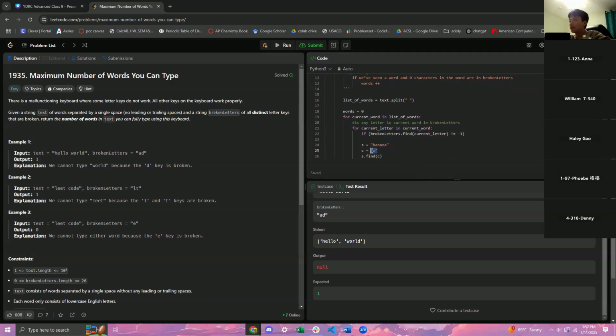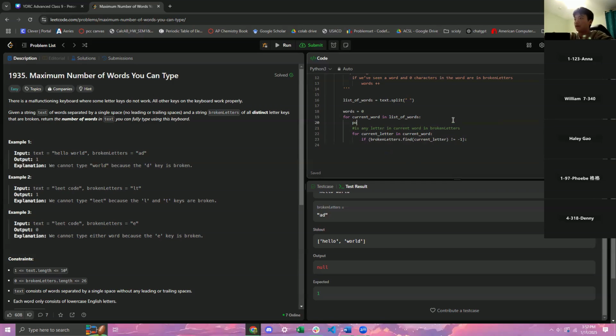If the letter z does not appear, this will return -1. So if it's not equal to -1, that means it exists somewhere. So this means that we cannot make the current word, because a broken letter exists in it.